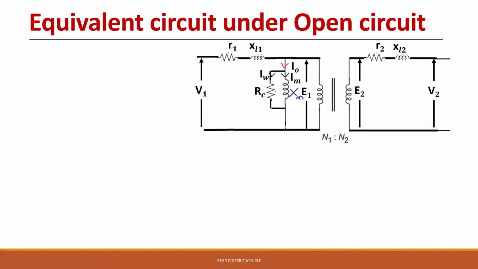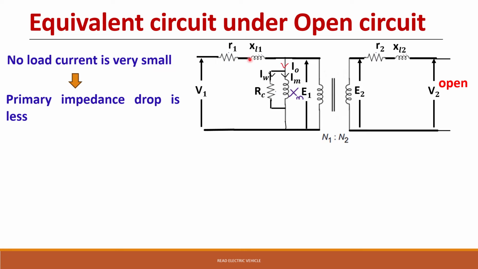Let us see the equivalent circuit under open circuit condition. So here this side is open. If this is open, there is no current in the secondary, so there is no voltage drop here. So you can leave this. If you see the primary current, since there is no secondary current, the primary current will be the no load current, which is very small. So this drop will also be very small, and you can neglect this voltage drop.